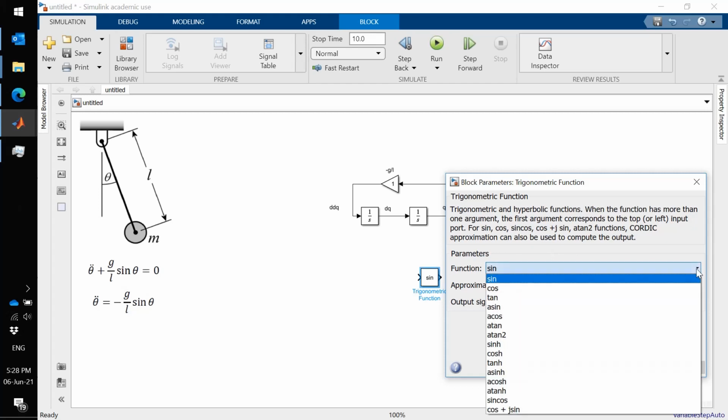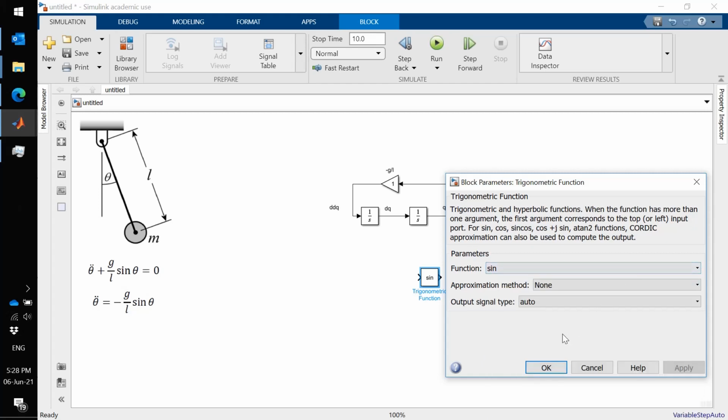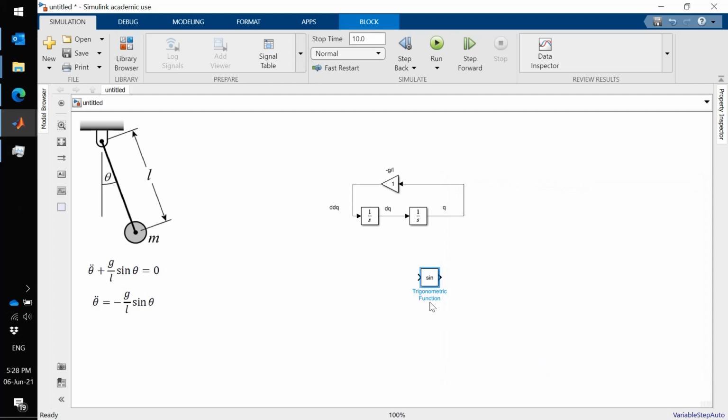You have the sine, the cosine, the tan, and the rest of the trigonometric functions. I'm going to need the sine function, so I'm going to keep it as is and insert it right here. So now basically I have theta, and then I'm taking the sine of theta times negative g over L, and that's my equation of motion right here.